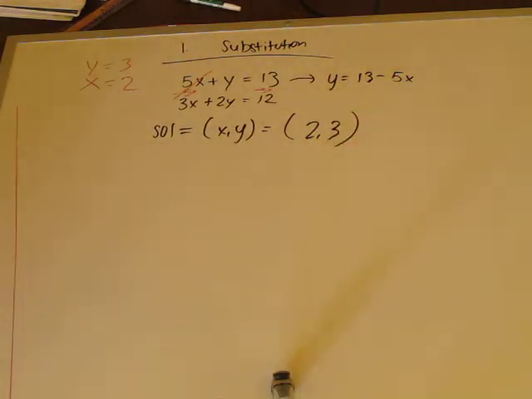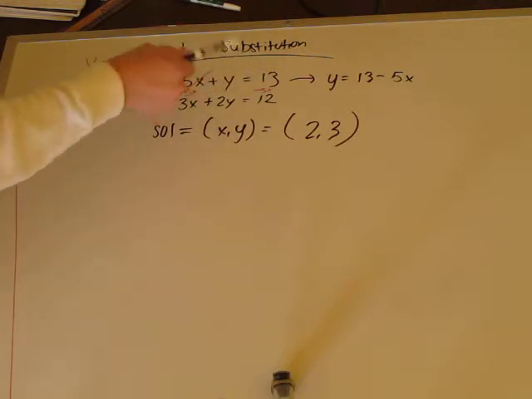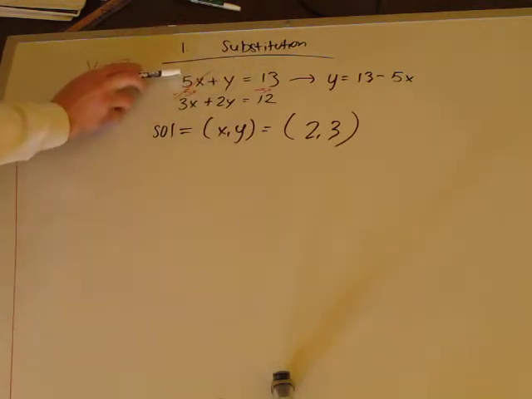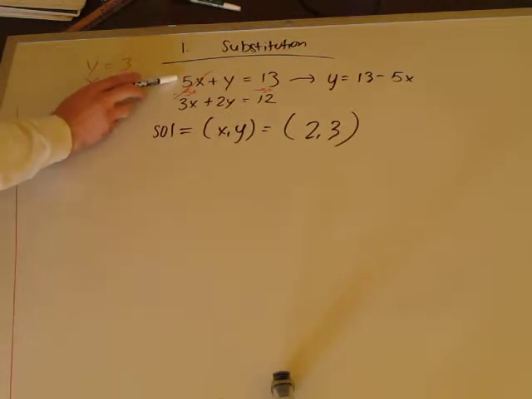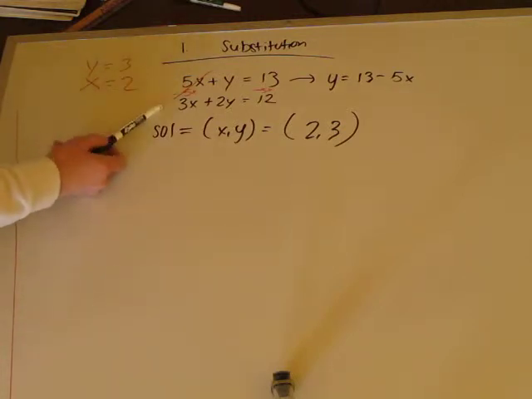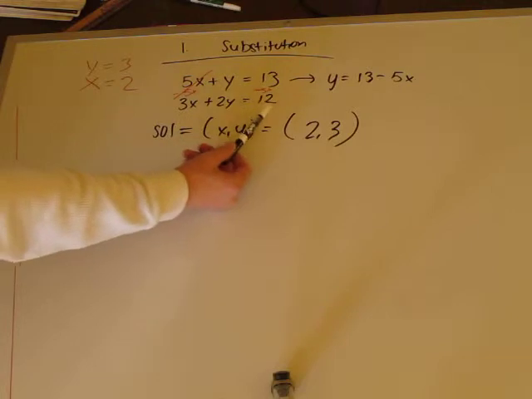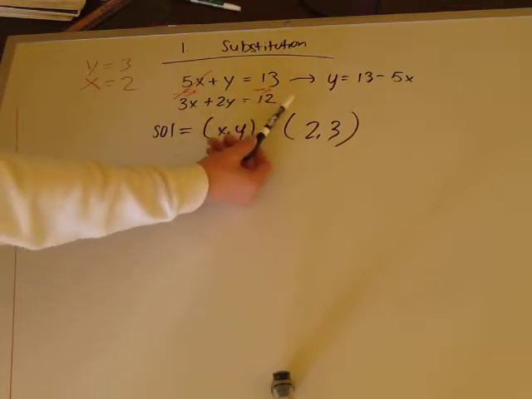So if you open up your graph, the linear system graph that I made for you, I graphed these two equations. I solved for y, so y equals 13 minus 5x. That's this equation, and that's going to be in blue. And this equation I solved for it also. I subtracted 3x on both sides, so you have 2y equals 12 minus 3x.